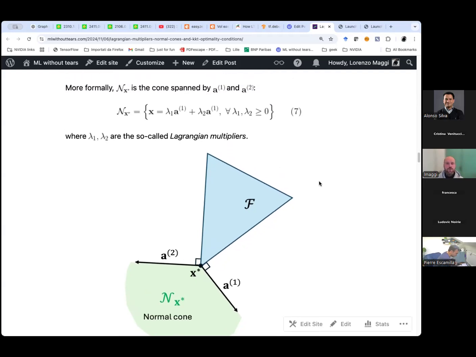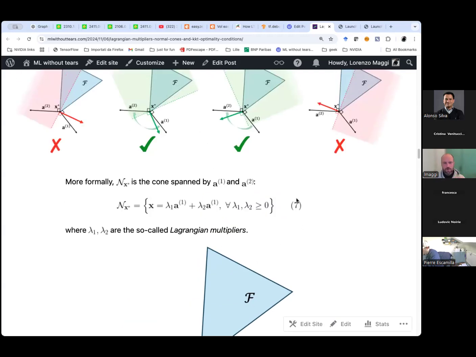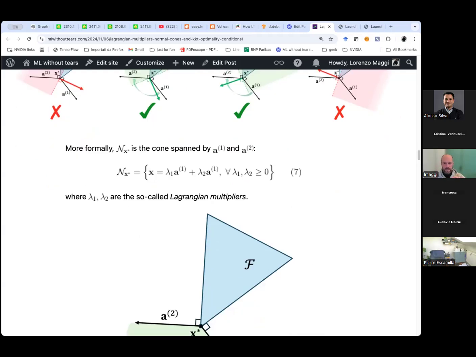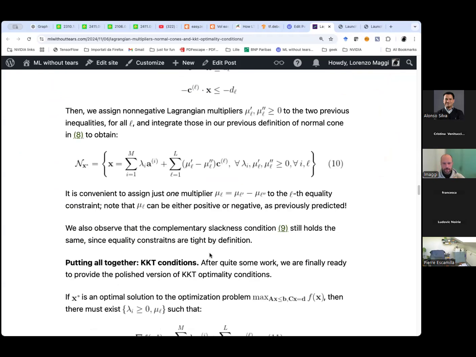Mathematically, this can be seen as any linear combination of A1 and A2 where the coefficients are positive, and this is exactly the cone spanned by A1 and A2. So if we go back to our initial goal, the gradient has to be inside here.